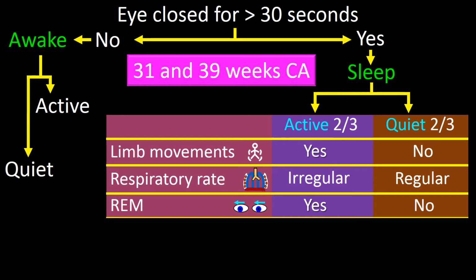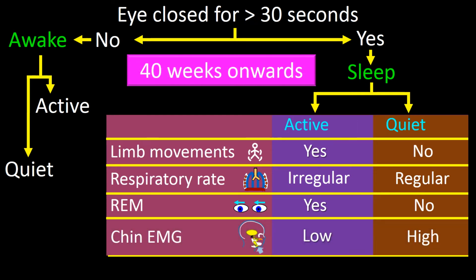Hence, most authors during this time consider concordance of 2 of these 3 parameters enough to label sleep active or quiet. From 40 weeks onwards, when Chin EMG becomes reliable, most authors consider the concordance of 3 of these 4 parameters necessary in order to label a sleep stage as active sleep or quiet sleep.